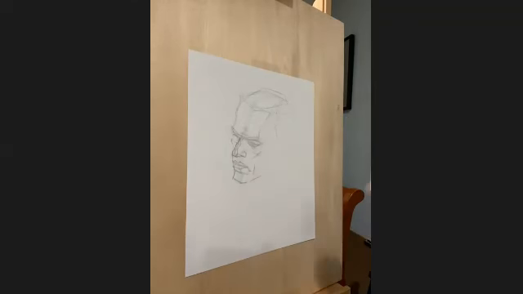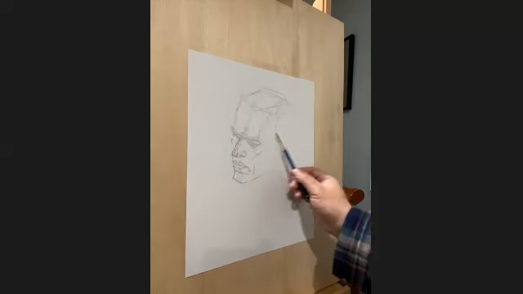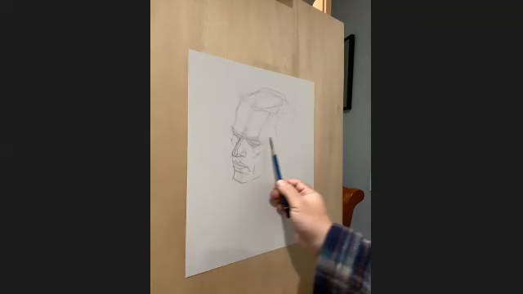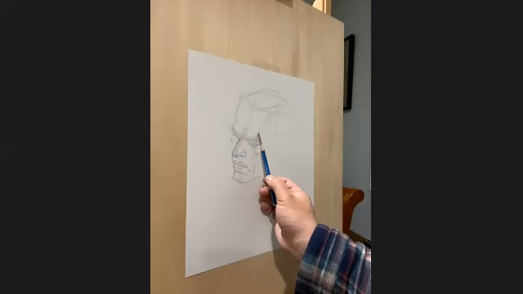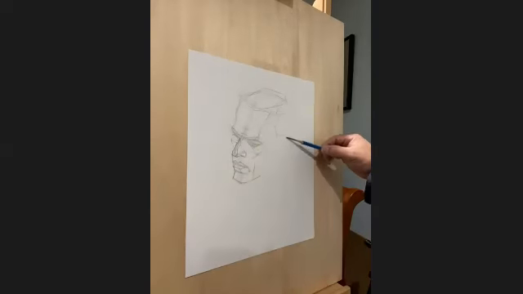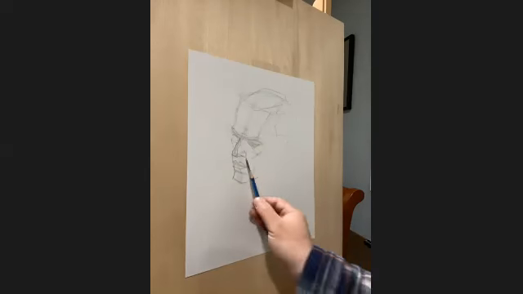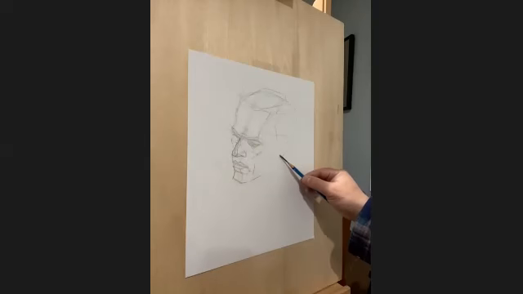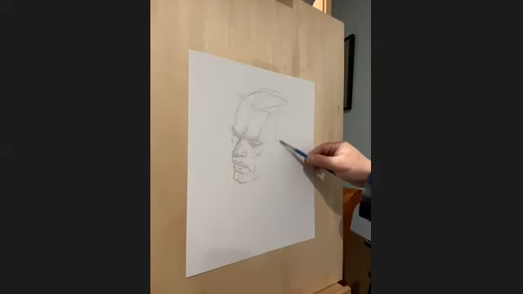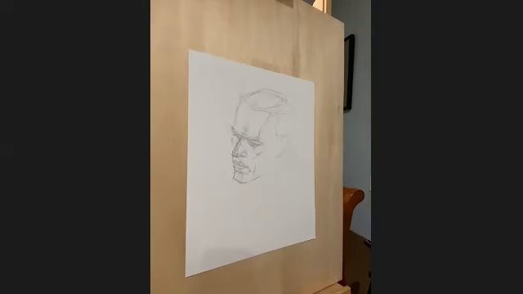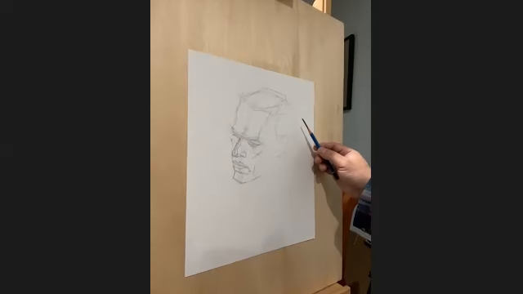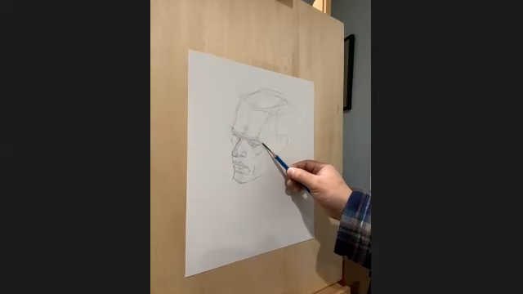And now we draw the ear. When we draw the ear, we need to carefully compare the height with the facial part. So if we align this one, it will be here. That means the ear will be here, and also align here. Sometimes we need to compare the distance between the ear and the cheekbone.